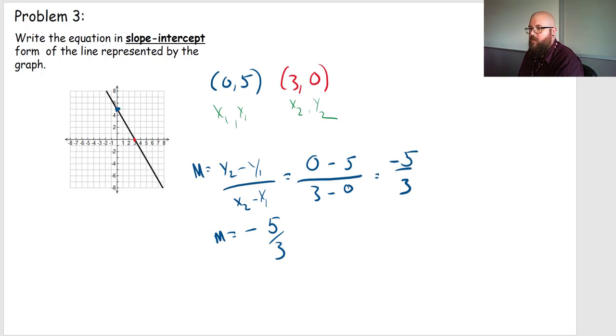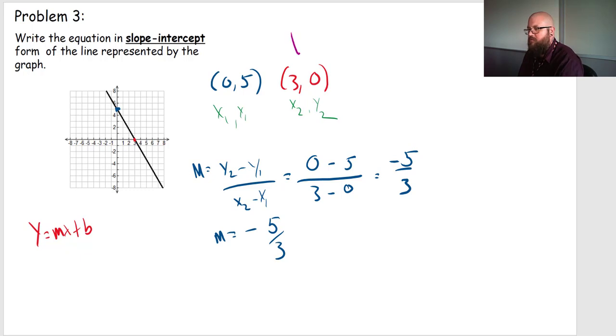Now let's find out what our y-intercept is going to be. I'm going to take y equals mx plus b. Choose a different color. Alright. Let's use 3 and 0.